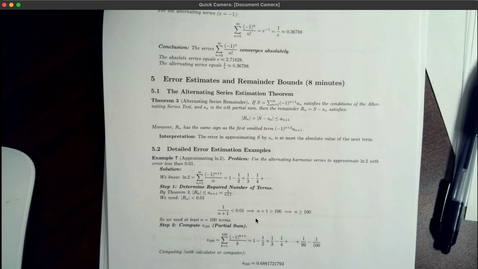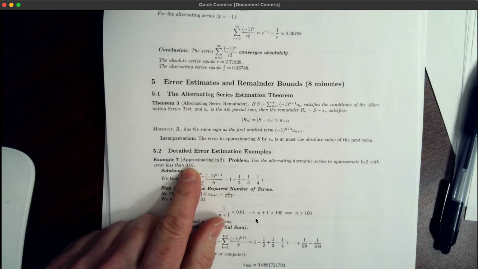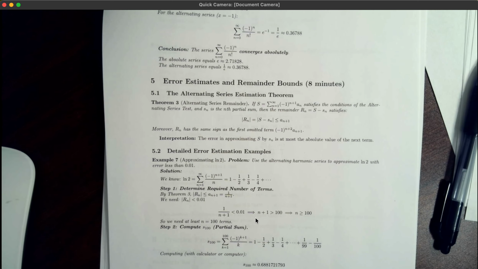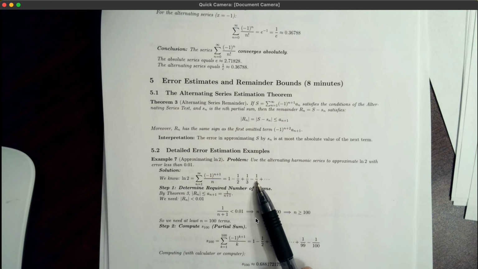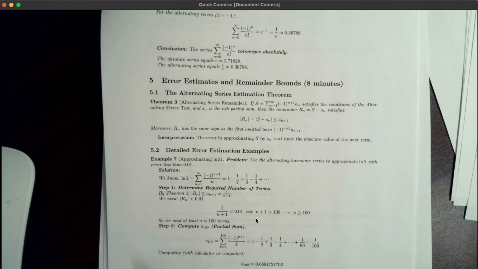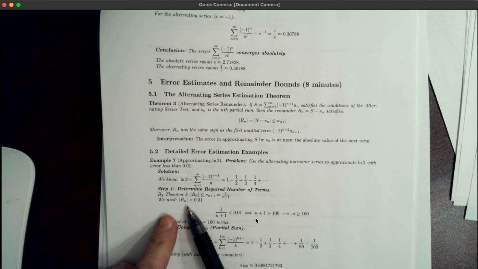We want our answer to be accurate to approximately 2 decimals, right? Okay, so this is the alternating infinite series we're interested in. The remainder, the error, is less than the n plus 1th term, which is 1 over n plus 1. So we basically want 1 over n plus 1 to be less than 0.01.